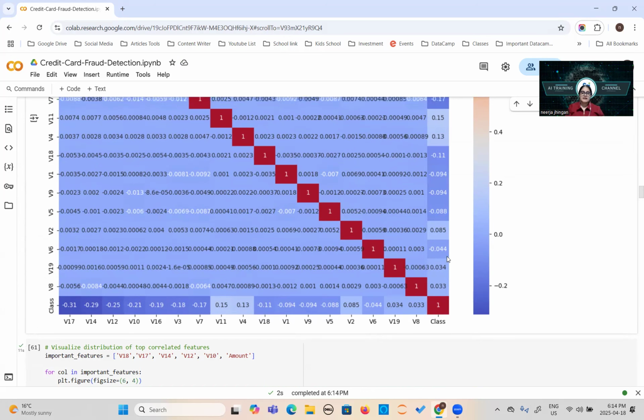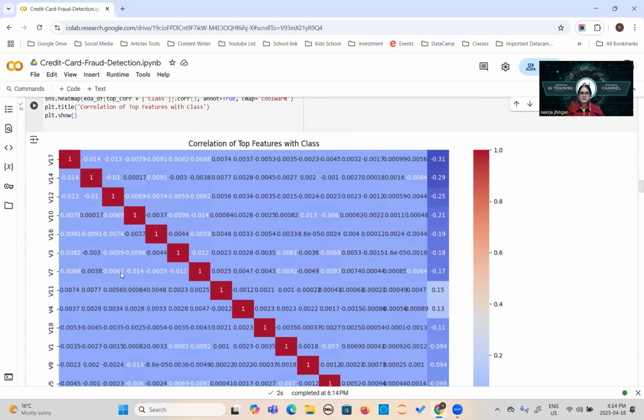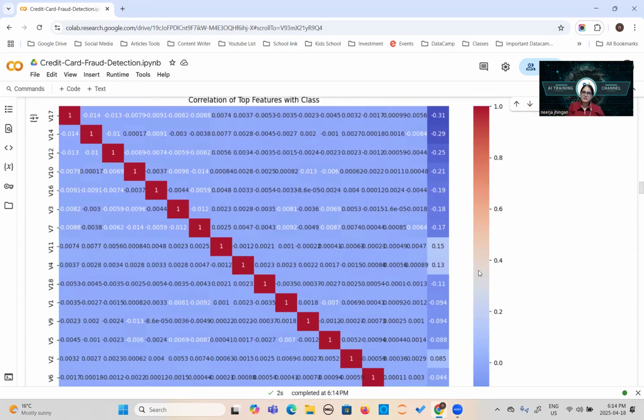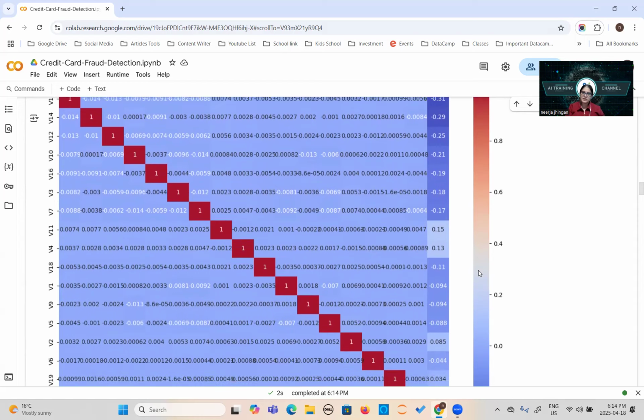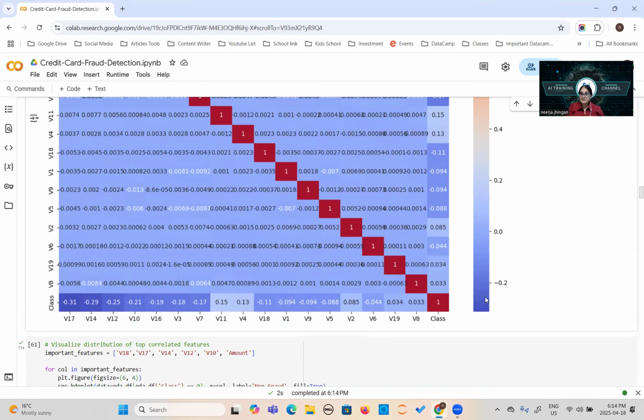If you are a beginner and you don't have knowledge about the heat map, this is your color bar. This shows a highly positive correlation if it is highly red, and if lighter, less positive correlation. If it is highly negative, the high purple color, this means highly negatively correlated with your target. Zero means no relation.